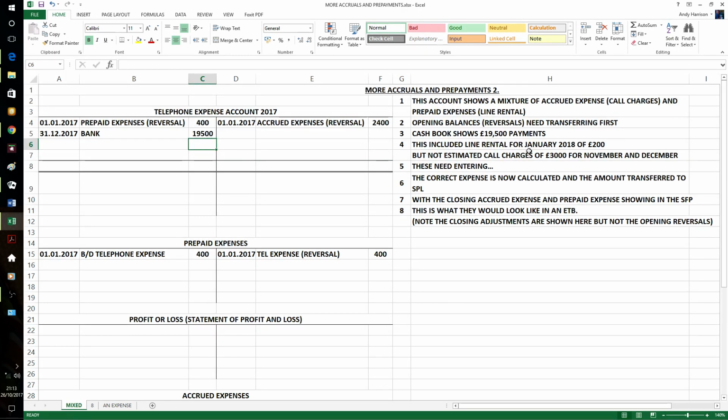Because now we do our end of year adjustments, so included line rental for January, so it's a closing prepayment, so some of this money was next year's bill, so we better deal with that one.